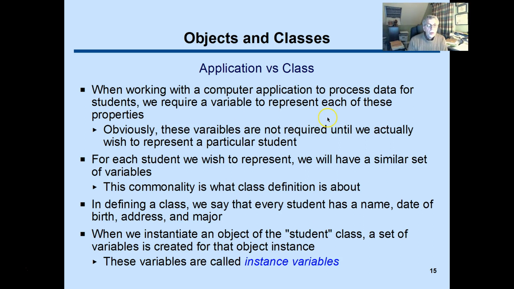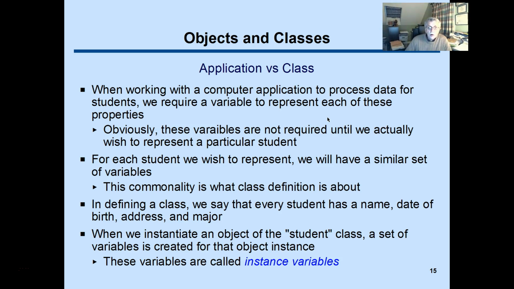So when you work with a computer application to process data for students, you are going to need some way of representing information or data about one student, about another student, about yet another student, and somehow keeping that separate. So you'll need variables to refer to data for one student, variable for data for another student, and so forth.